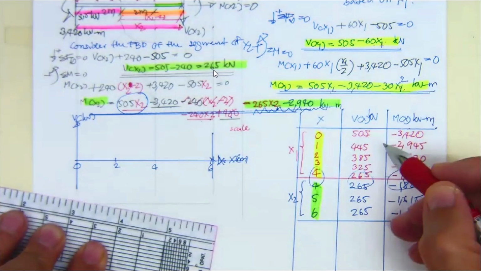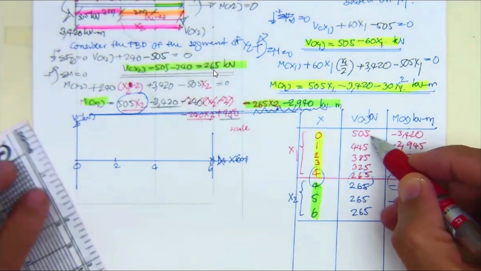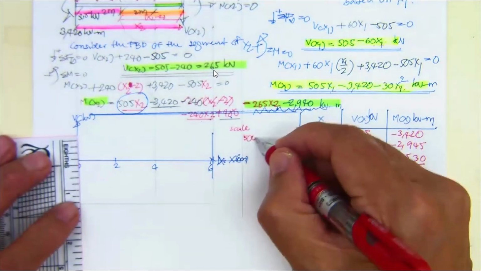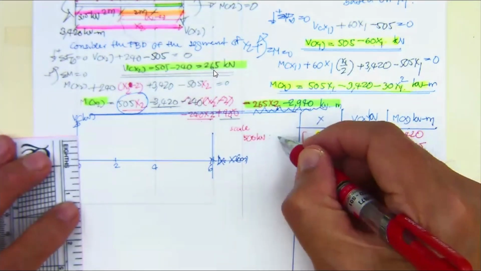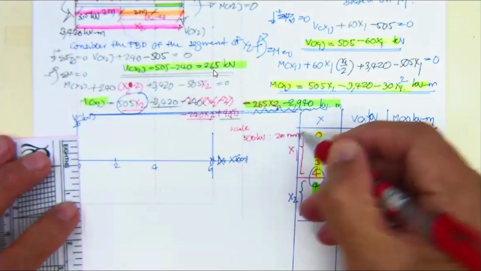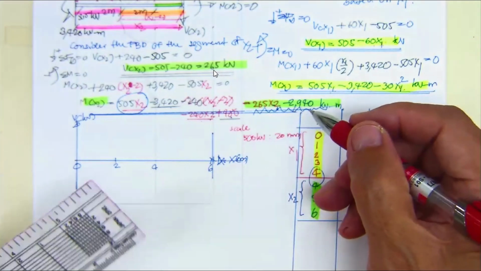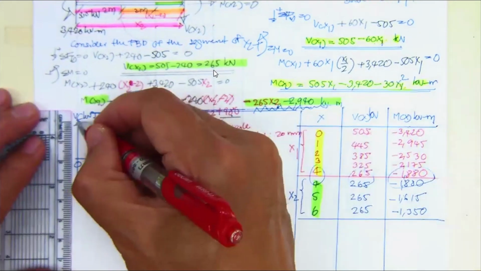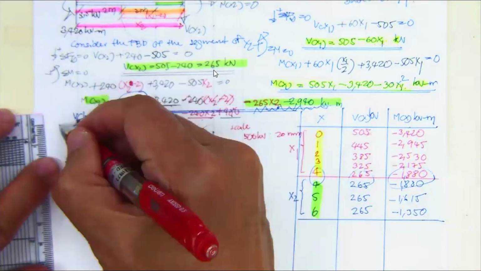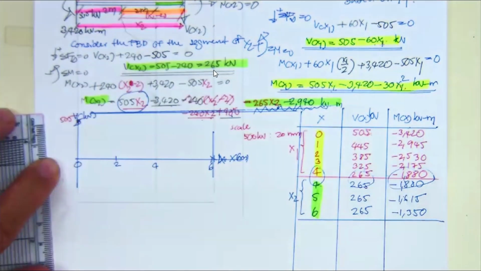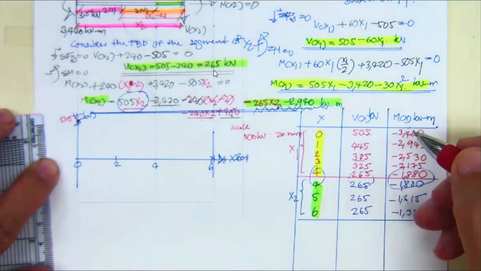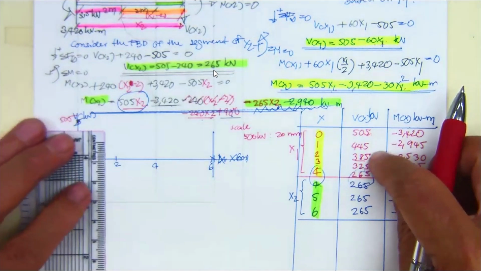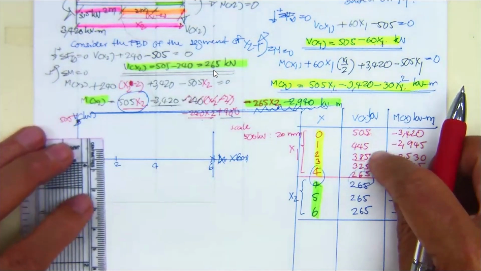The largest is going to be 505. Let's put the scale 500 kilonewton for 20 millimeters. So we will have this one around 20, that's going to be about here, 505. And then 385, which is going to be 2 times of this one.